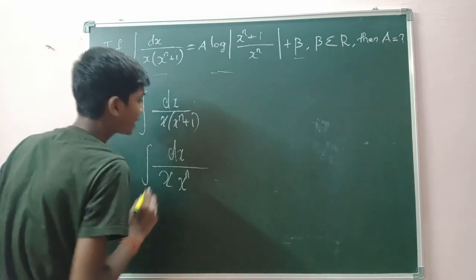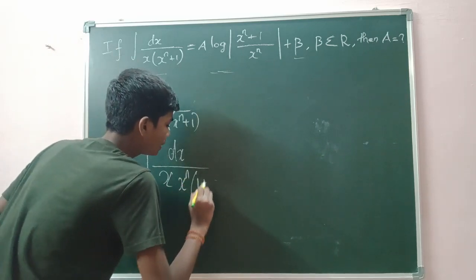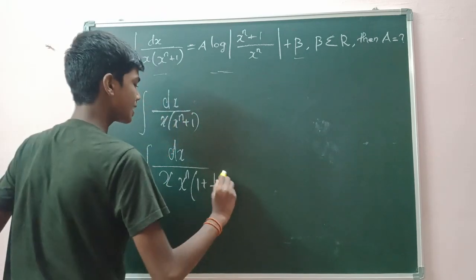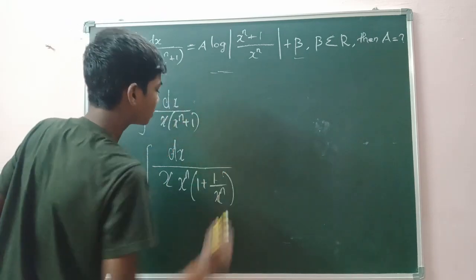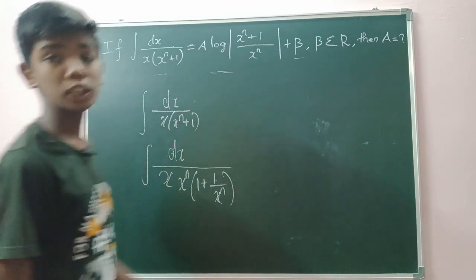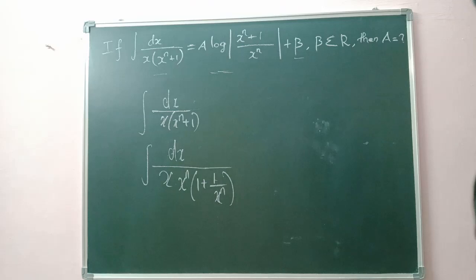This will be the exponent times 1 plus 1 by the exponent. Correct or not? Think carefully and say, can't I write the same denominator like this just by taking the exponent common? Of course, it's right.